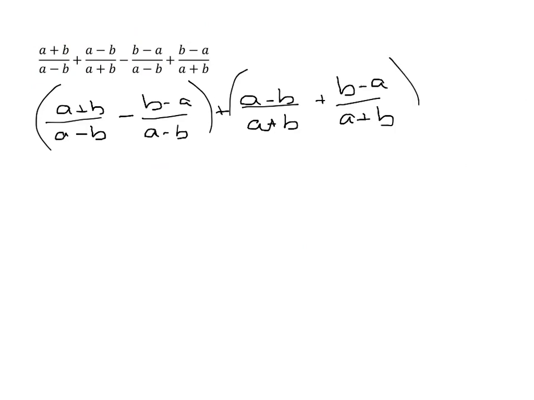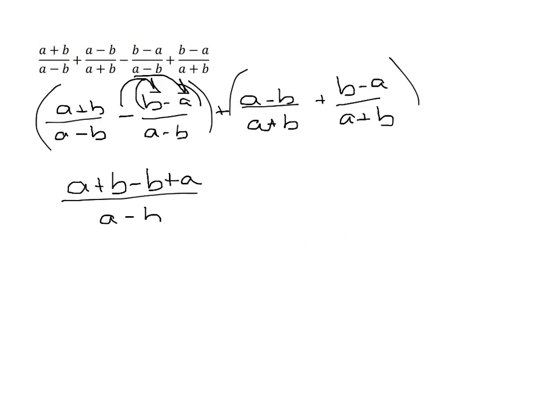You all will make this mistake if you don't pay attention. That b minus a is in parentheses, and you have to distribute the negative sign. So you have a plus b minus b plus a, all over a minus b. Then you have a minus b plus b minus a, all over a plus b.